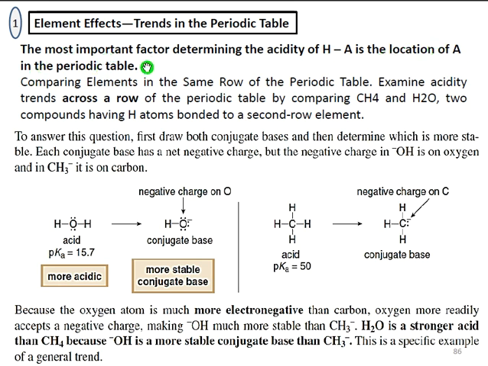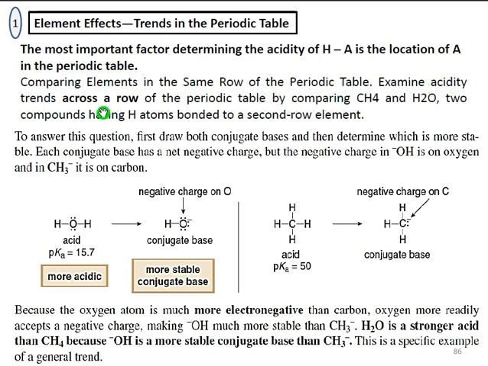Okay, because in the periodic table the chemical properties are different between the elements on the left side and the elements on the right side. Now compare the elements in the same row of the periodic table.